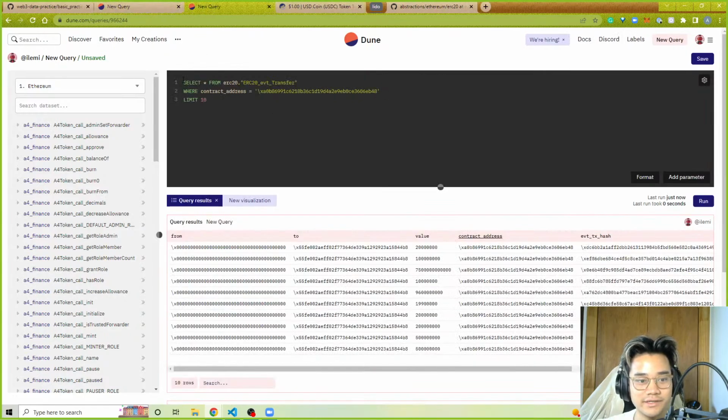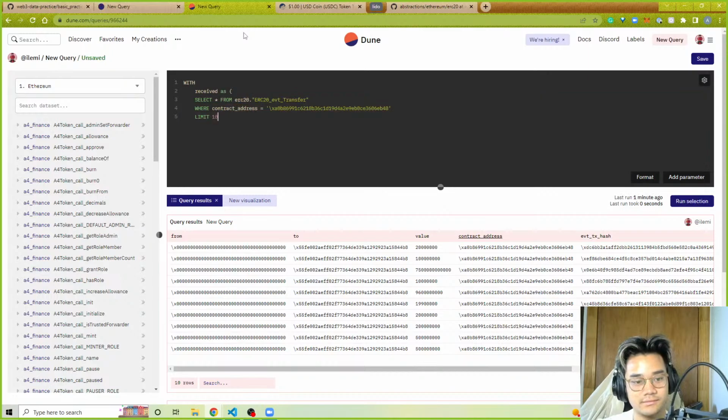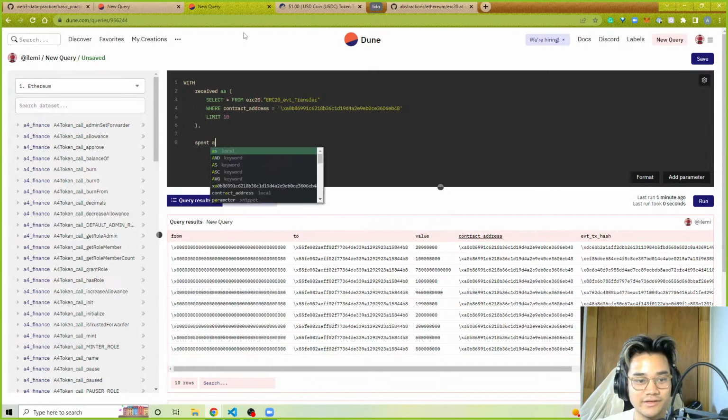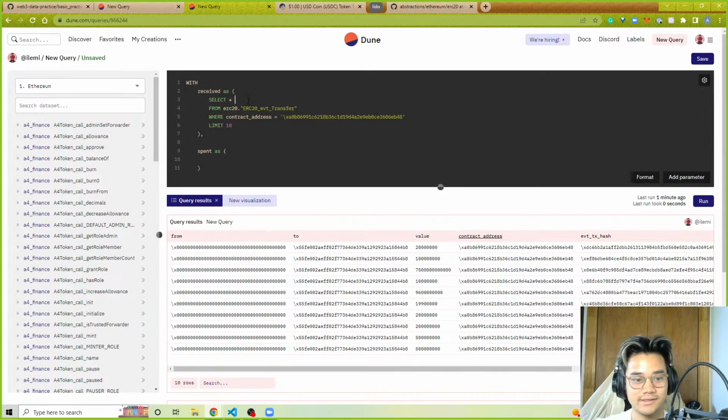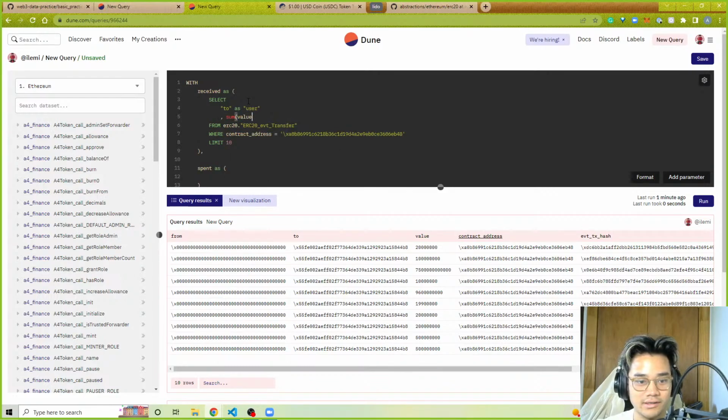But if we now did balances here, this would be a lot faster, because it's only transfer events versus every event on Ethereum. So with received as, I want 2 as user, some value. And remember it's 6 decimals.